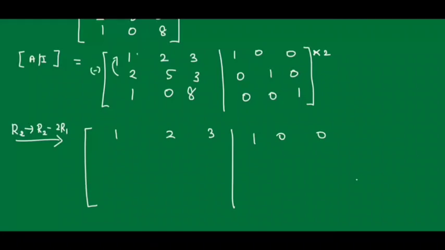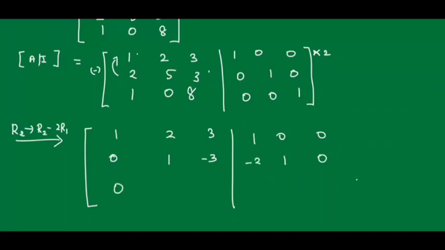So 2 minus 2 gives me 0, 5 minus 4 is 1, 3 minus 6 gives me minus 3, the next element 1 minus 2 gives me minus 2, next is 1, next element is 0.